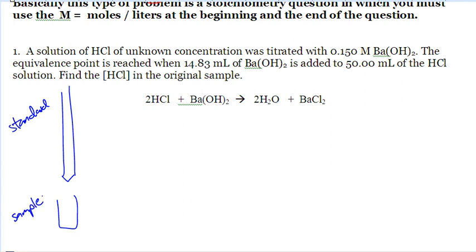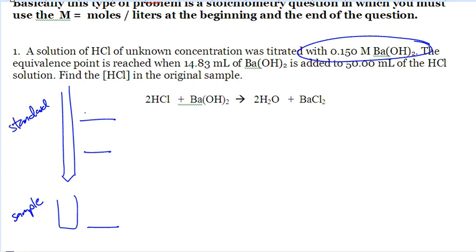And I think you should write in here what you know. So it says, solution of HCl of unknown concentration was titrated with 0.15 molar barium hydroxide. The equivalence point is reached when 14.83 mL of barium hydroxide is added to 50 mL of HCl.